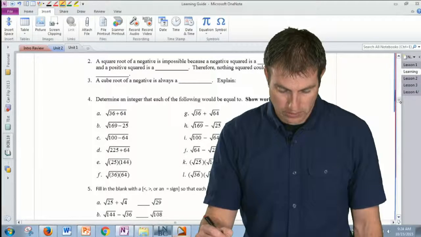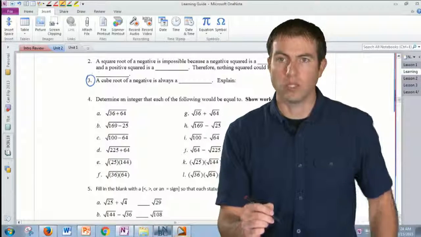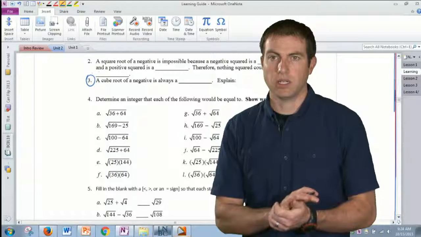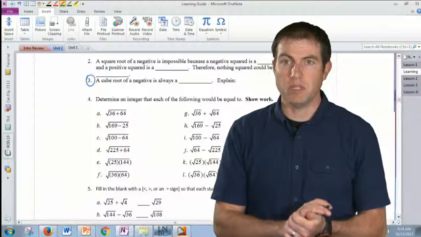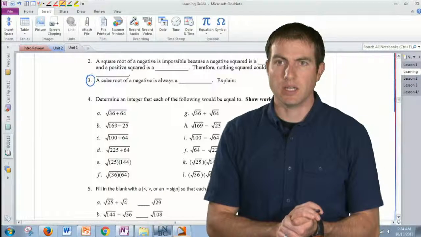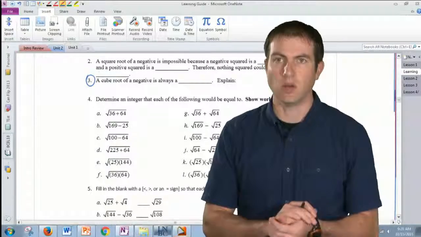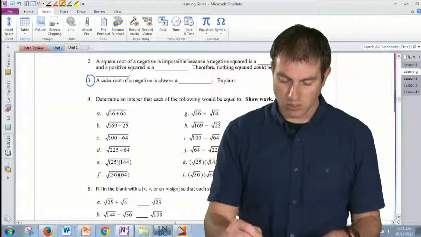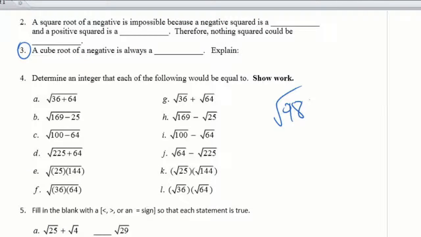A cube root of a negative is always that guy? Oh, it's on the worksheet. Evaluating irrationals. Now you guys are getting me all mixed up. So cube root of a negative. Maybe Shayna, you can write in the question. I don't have that sheet loaded into my notepad here, so it might be difficult for me to work through it. I've understood so far that it's the square root of 98, but I don't know what beyond that you want me to do with it.